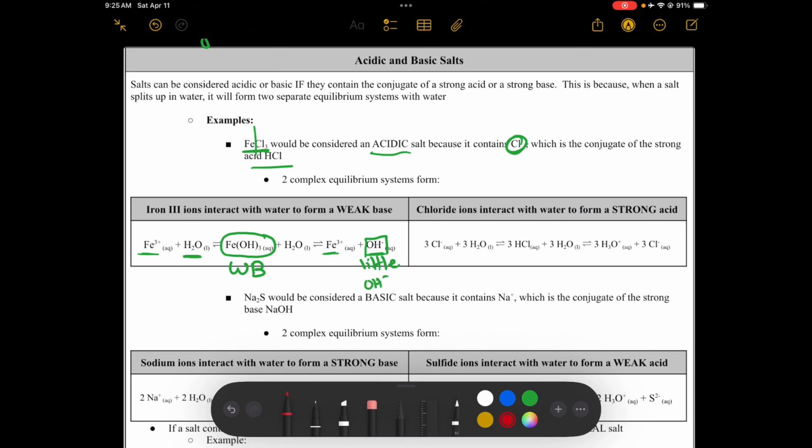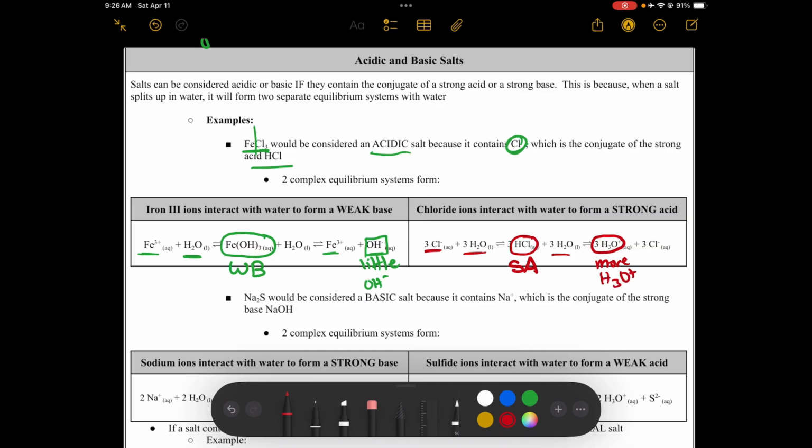The chlorine part of that salt, the chloride ions, are going to react with the water molecules around them and create HCl. HCl is a strong acid, which, when a strong acid interacts with water, is going to form some H3O+. And because it's a strong acid, we're going to form more H3O+.